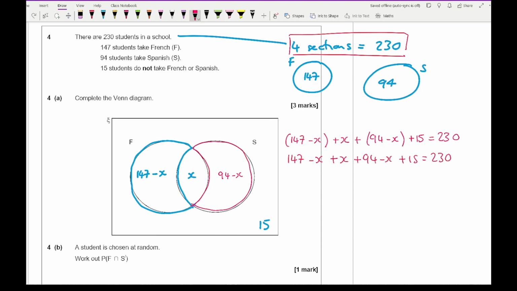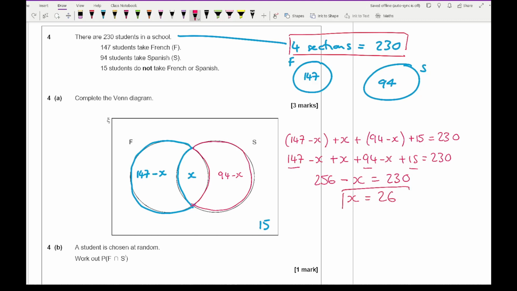Then if I join these up, 147 plus 94 plus 15 gives me 256. So 256 minus X equals 230. Then doing a bit of rearranging, I get that X equals 26.